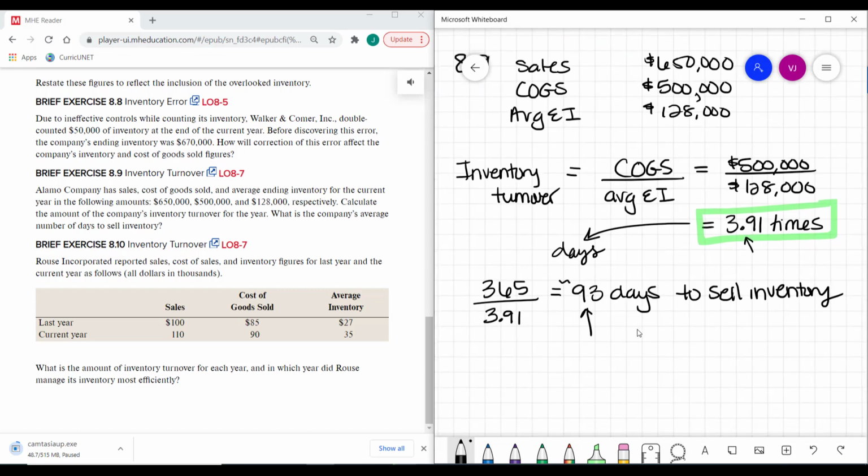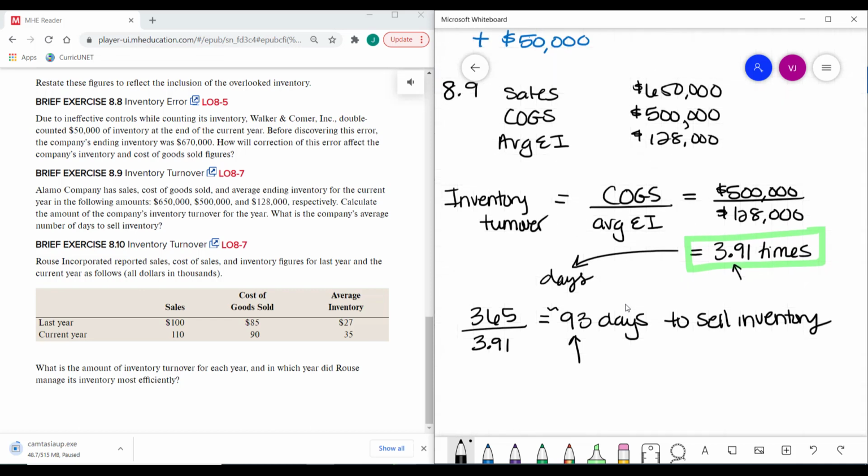Now, just a side note that I tell all of my students, because a lot of you will end up taking a finance class later on at university. When you get to a finance class, what's common is that when they use the number of days in a year for calculations in finance, they often use 360 instead, because it minimizes rounding error and mistakes.